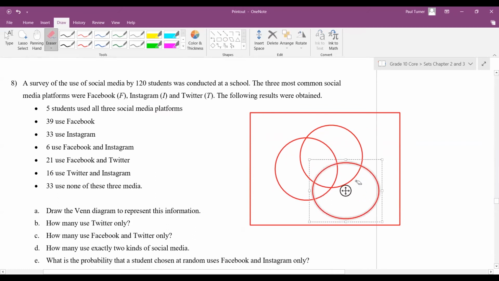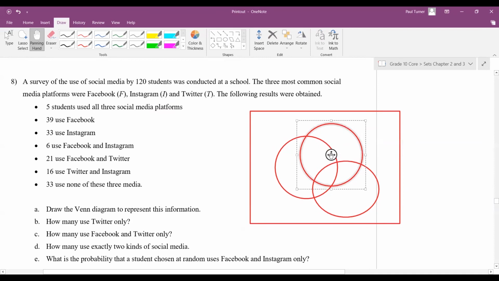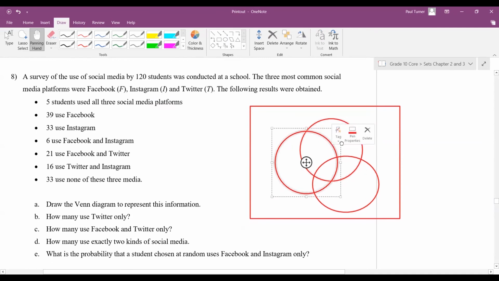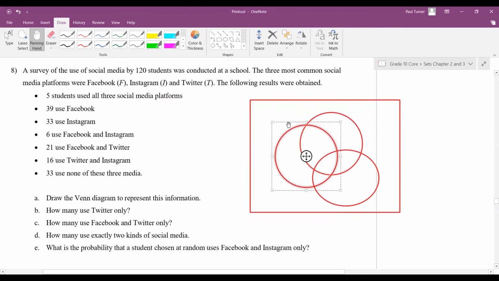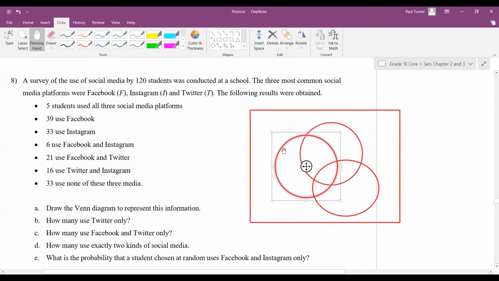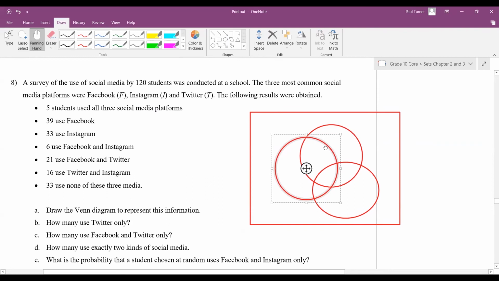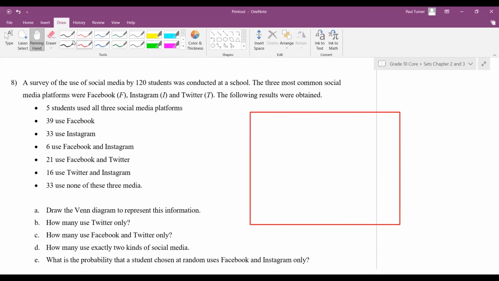Doesn't matter how they overlap or even the shape, really. You don't have to worry too much about it. While you're waiting for me, because I'm mucking about here, I think I'm going to draw them by hand because it takes me too long with this thing. All right, let me just draw the circles roughly.